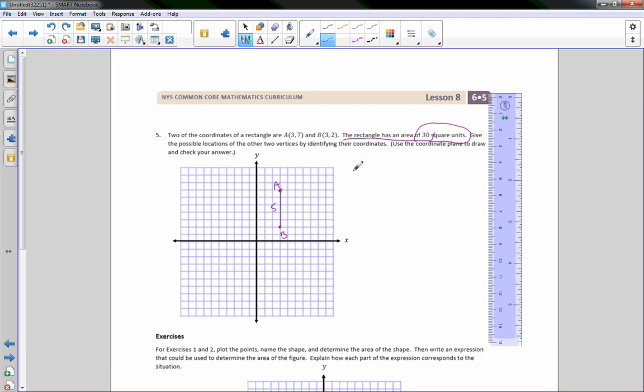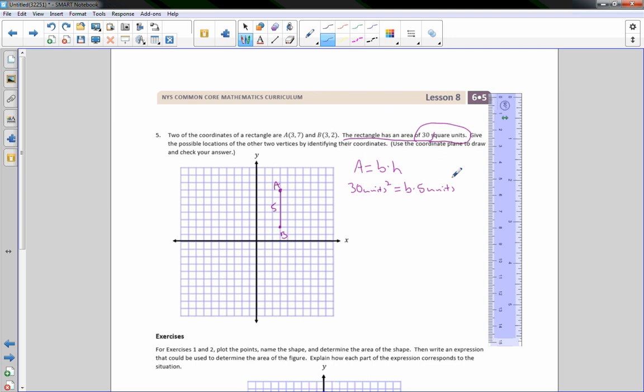So area of a rectangle is base times height. And I'm always going to emphasize using the formulas so you know where to substitute things in. We were told the area is 30 square units. That's my A. So I'm going to put 30 units squared in place of the A. I don't know my base. There's nothing drawn yet, but I know my height is 5. So my base times 5 units.